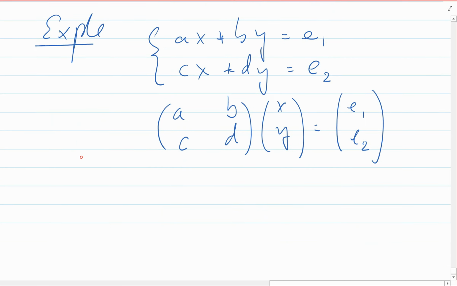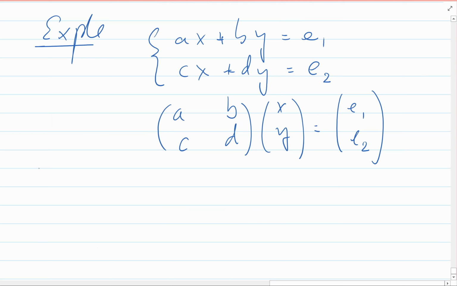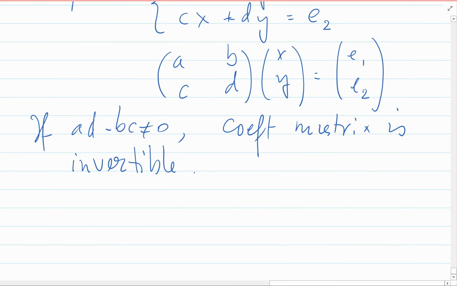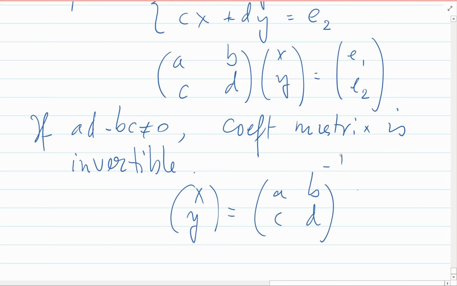And what's amazing is what happens if AD minus BC is not equal to 0. Then the coefficient matrix is invertible. In this case, [X; Y] is equal to the inverse times [E1; E2]. Okay? Because we can multiply and you will find that.